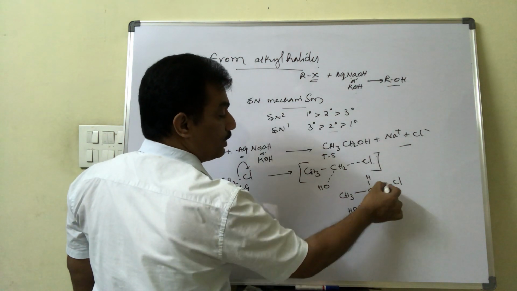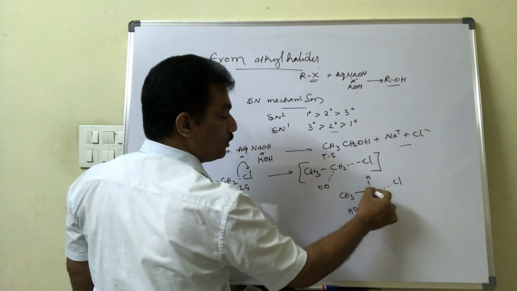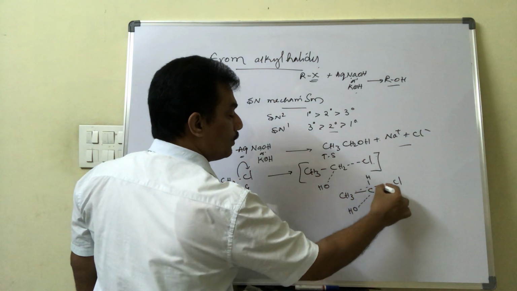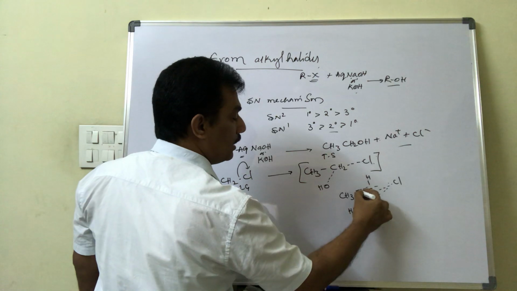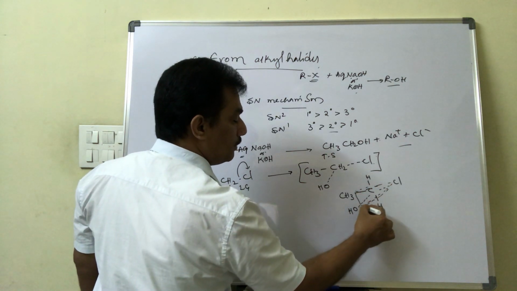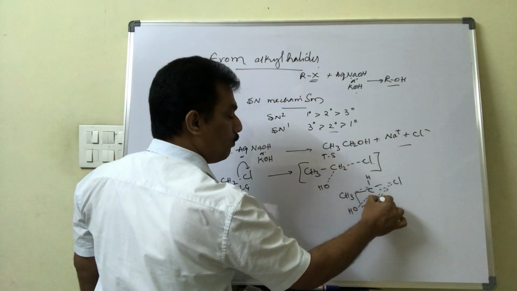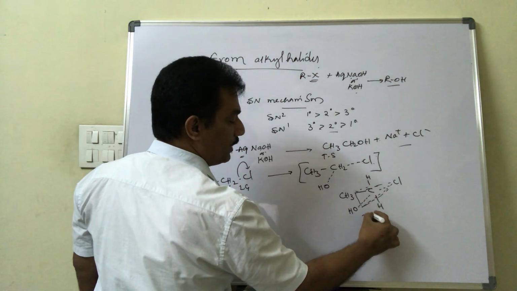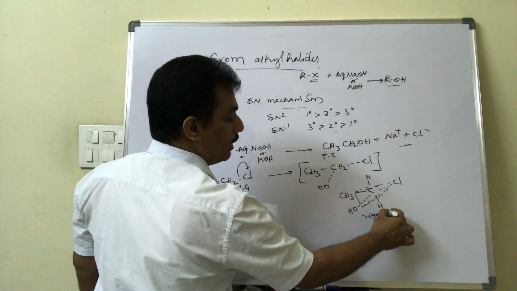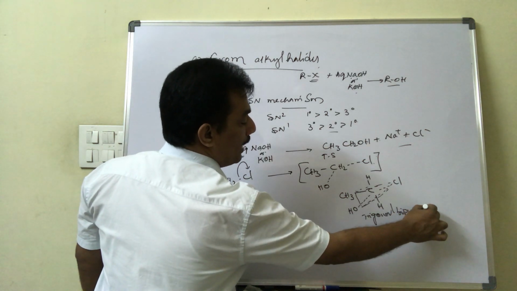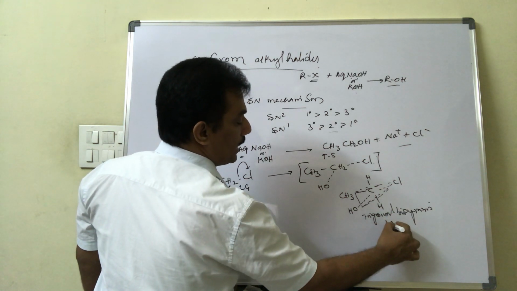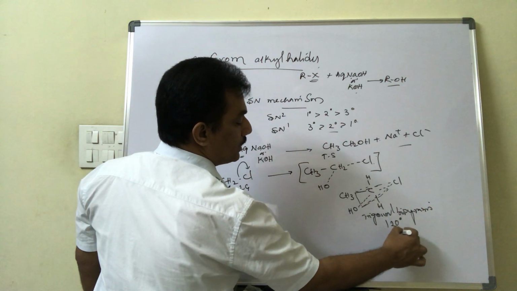Because of having 5 bonds, it is now trigonal bipyramidal, with three atoms on the same plane, one above and one below the plane, with angles of 120 degrees and 90 degrees.